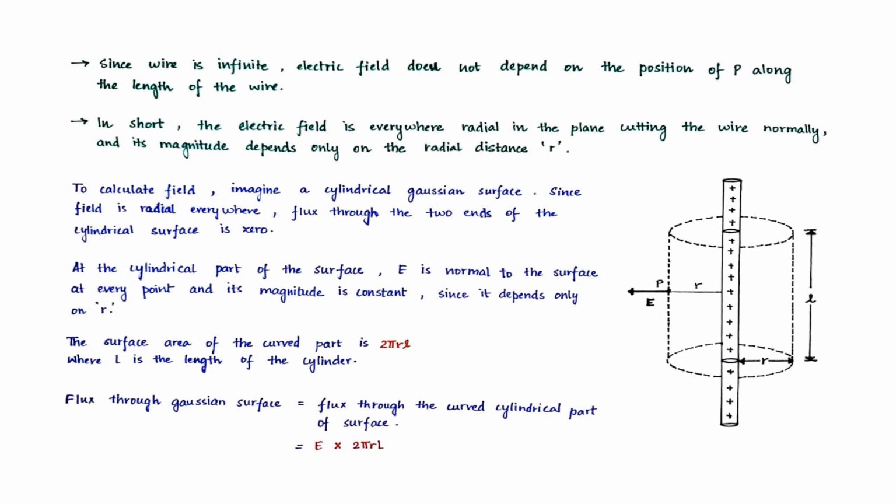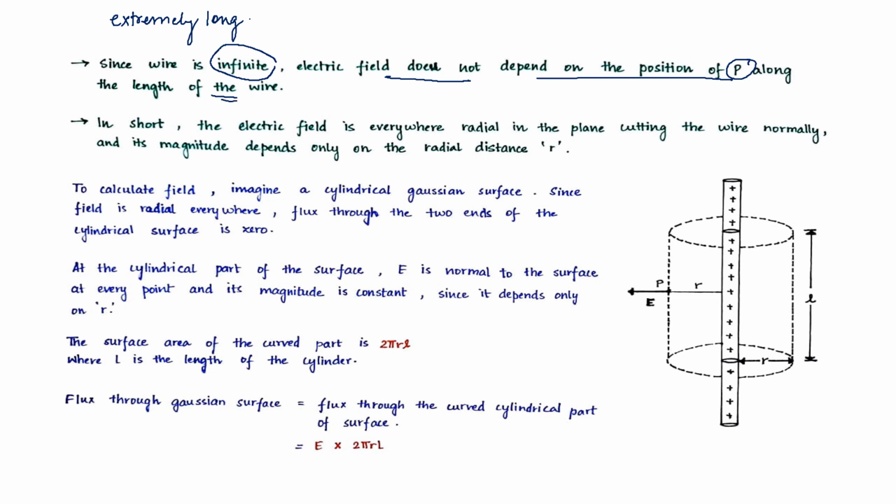Since the wire is infinite, there is no end of the wire, no start of the wire. The wire is infinite, extremely long. The electric field does not depend upon the position of P along the length of the wire.